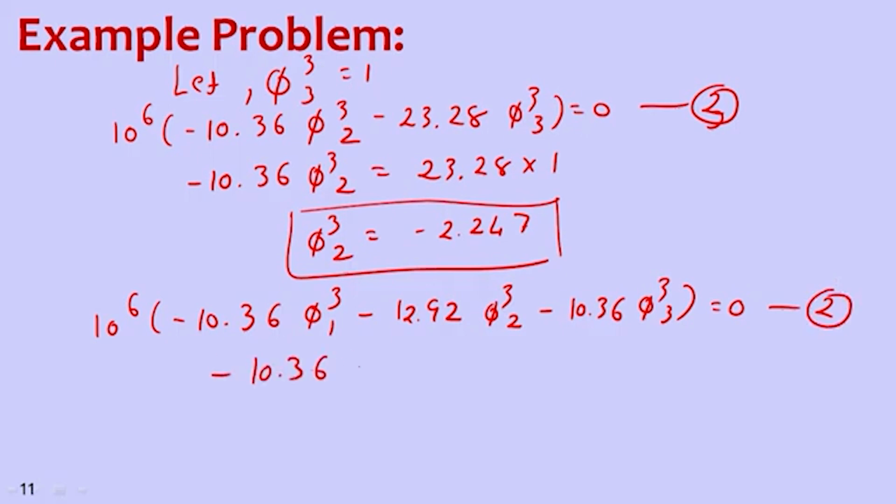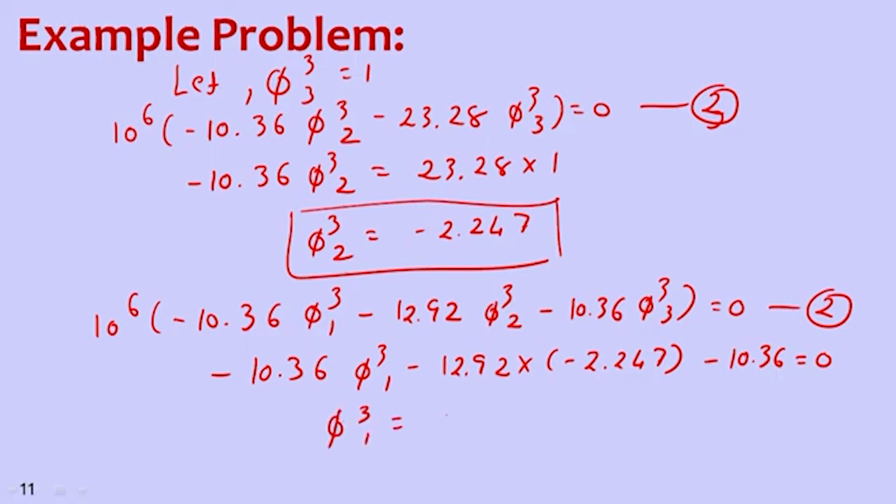Minus 10.36 531 minus 12.92 multiplied by 532 value as minus 2.247 minus 10.36 is equal to 0. 531 is equal to 1.802. So here we also got the values of phi for third mode in first and the second floor.